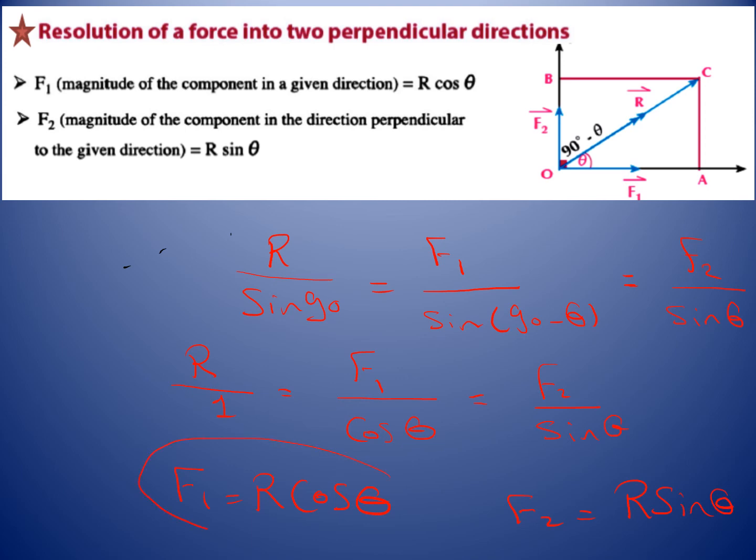So if R is inclined to the first force by an angle of measure theta, F1 equals R cosine theta and F2 equals R sine theta. The one near to the angle is R cosine theta and the one far from the angle is R sine theta.